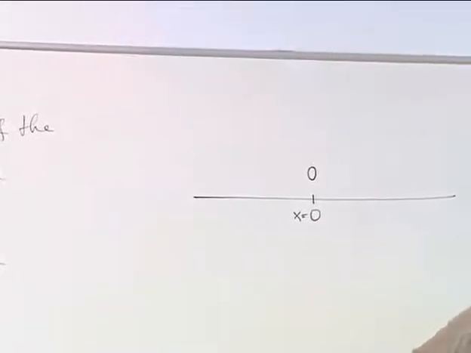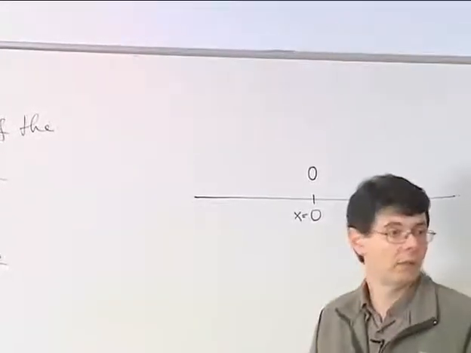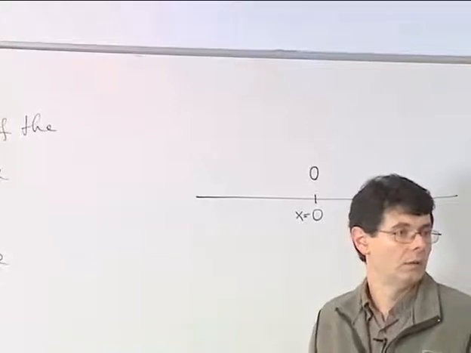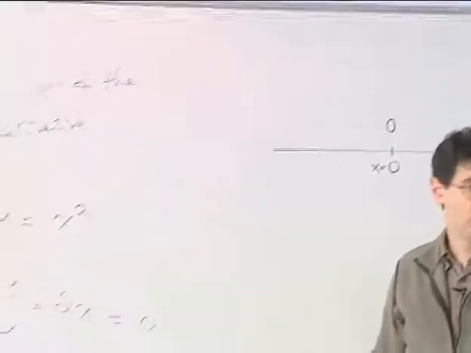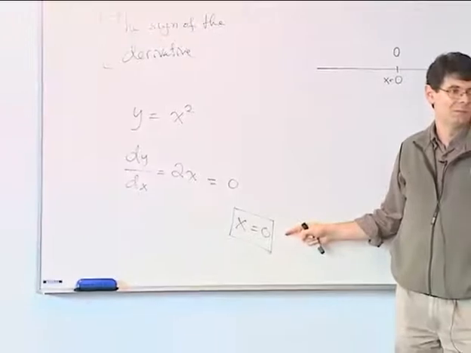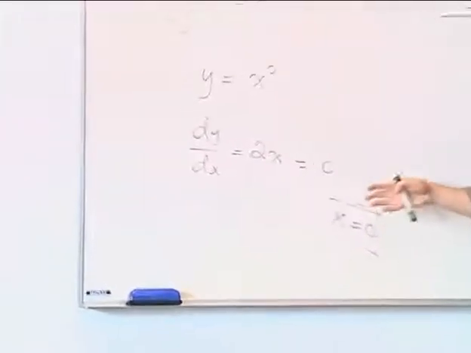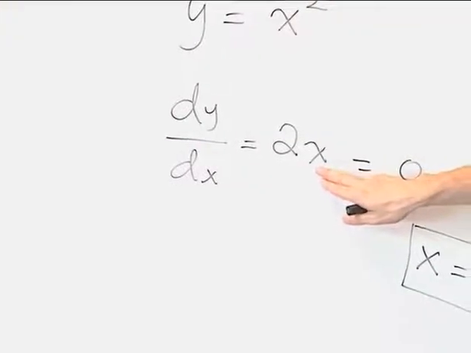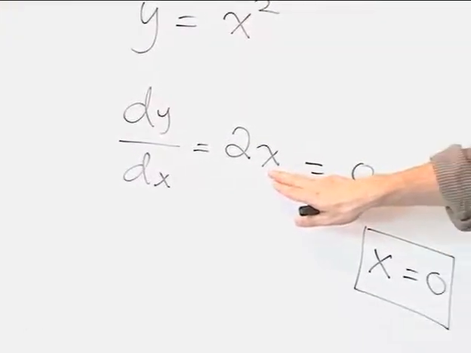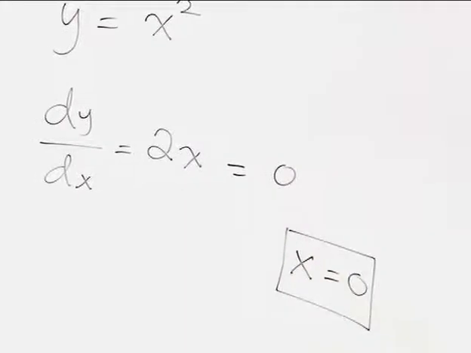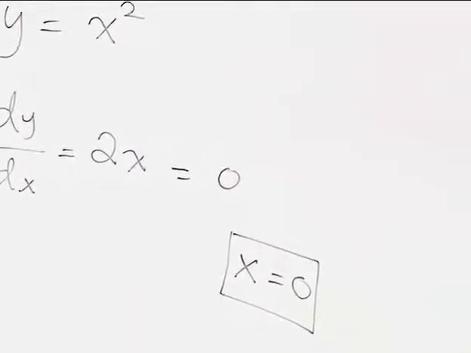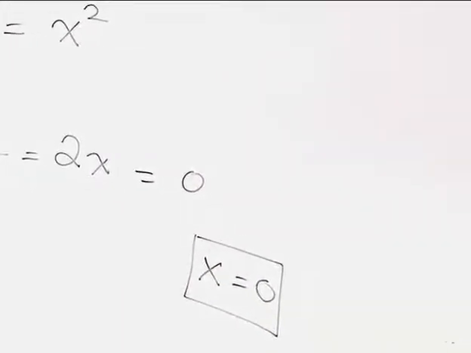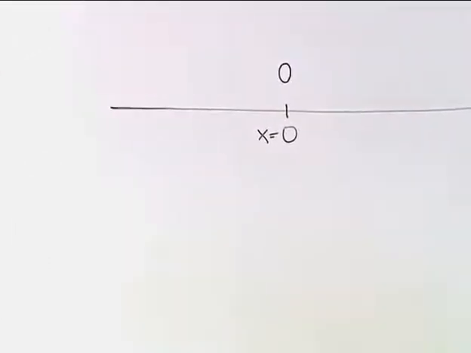Are there any other x's that will make the derivative 0? I mean, which values of x make this equal to 0? There's only one value. Plugging in x equals 0 here, right? So no other value of x will make this 0. Now let me ask you this question.